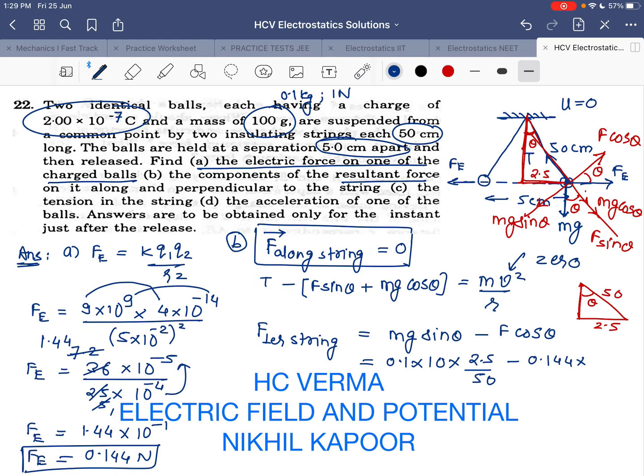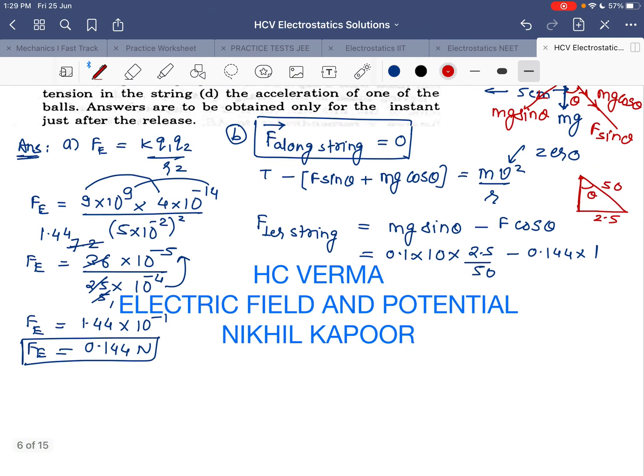Now as theta is very small, I can say cos theta is approximately equal to 1. In the rough you can also take the value of sine theta and cos theta. Sine theta is 2.5 upon 50, which is 25 upon 500, that comes out to be 1 by 20.